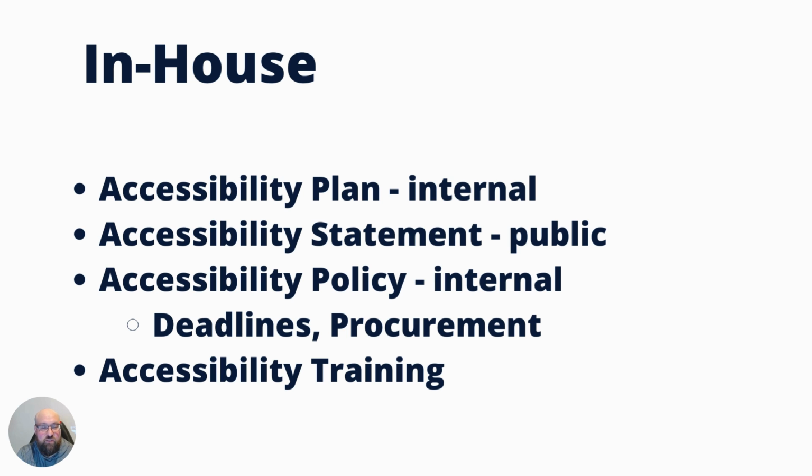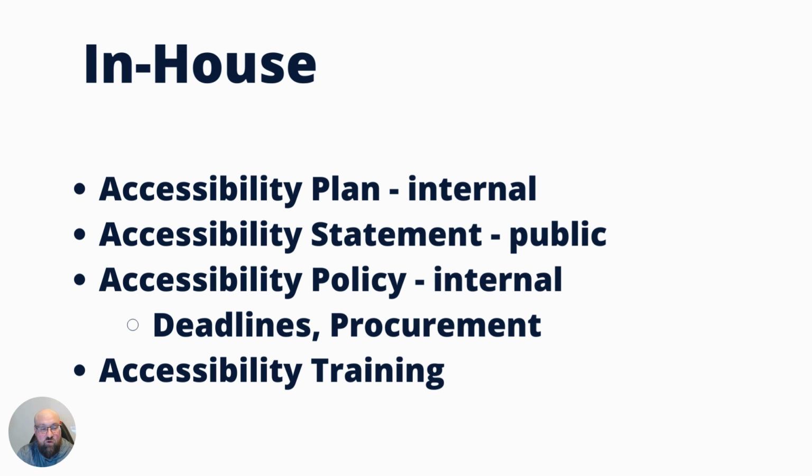So in house, you should also be doing several things. One of these is developing an accessibility plan if you haven't already done so. You should also work on an accessibility statement. I would go ahead and post this, but when you're ready to publish it, it will be publicly facing, and you will likely have a link to your accessibility statement in your footer.